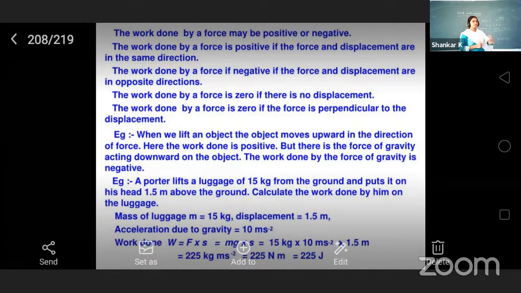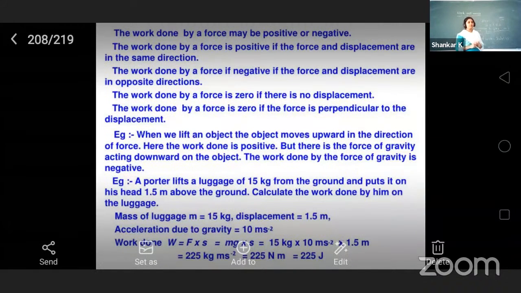But if it is very heavy, I can't move that rock to the side of the road. So there we can say negative force. Even if you apply more force, if the rock is not moving, there is no displacement of the rock, and that work we call zero.